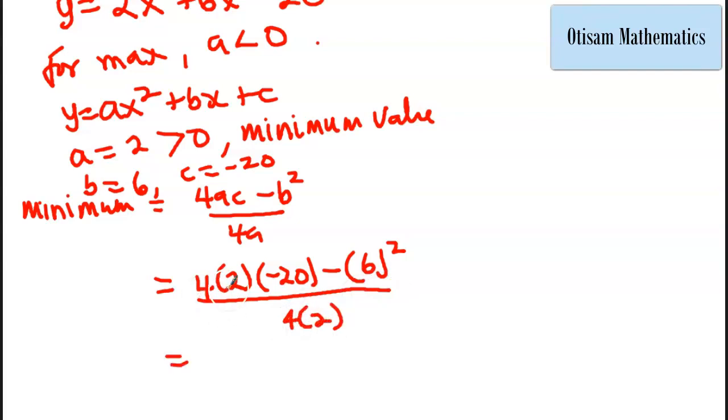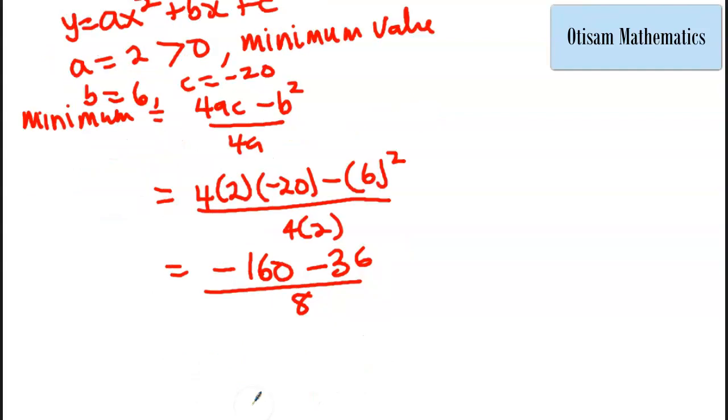So 4 times 2 is 8. 8 times minus 20, which is minus 160, minus 36 over 8. So you are going to have minus 196 over 8. So when you simplify, you are going to get minus 49 on 2. That is the minimum value.